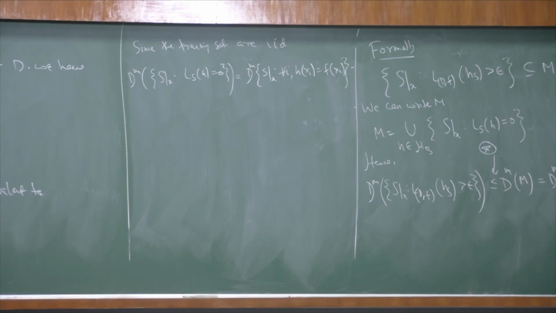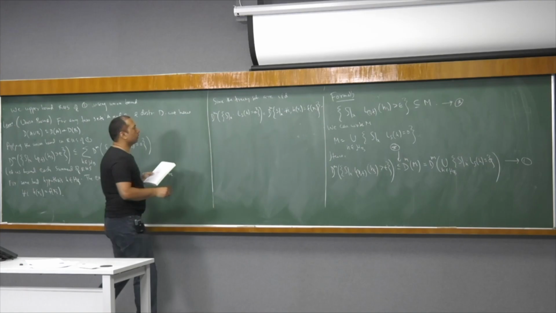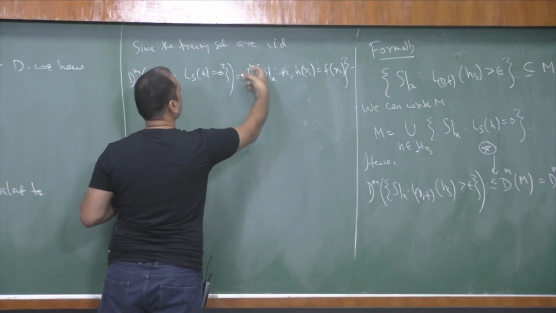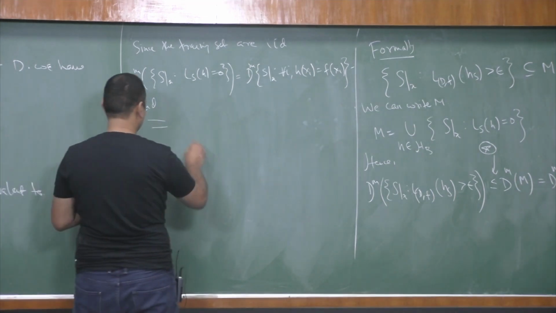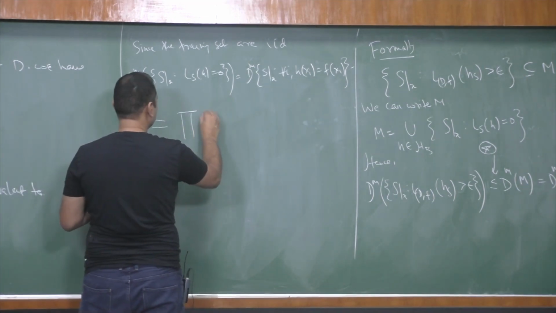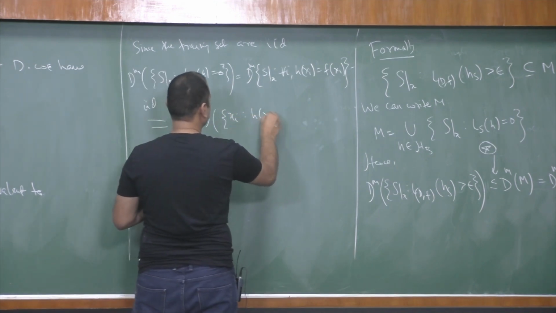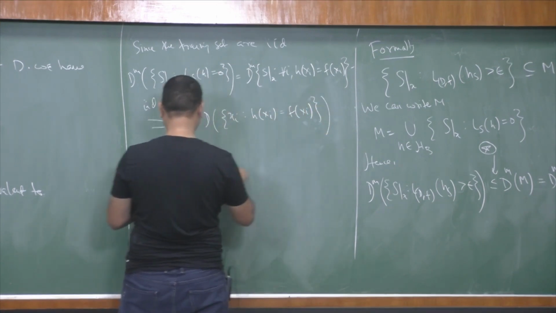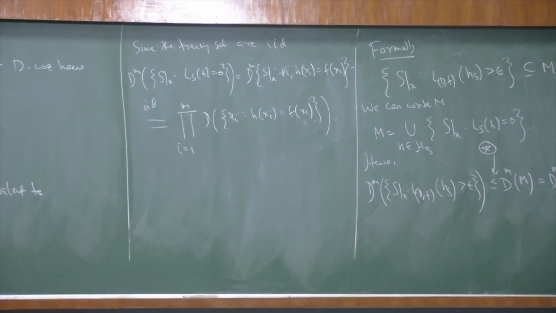Due to IID, the joint probability becomes the product of the individual probabilities: the product over i equals 1 to m of D of {x_i : h(x_i) = f(x_i)}. So we used IID here, which simplifies things a little.